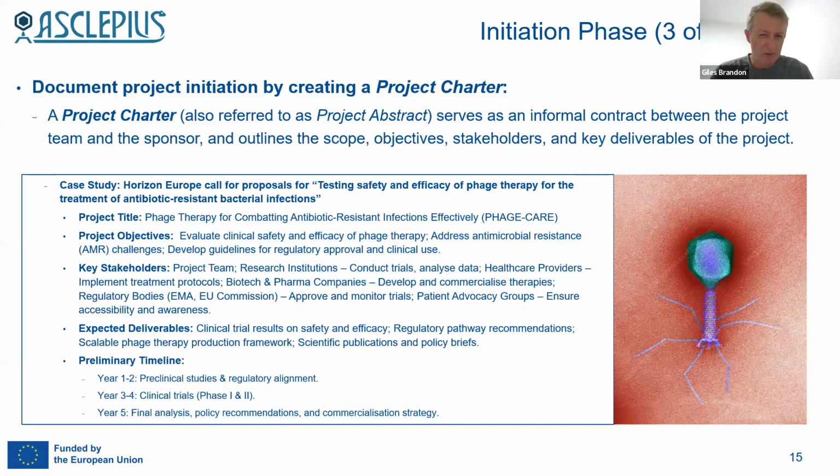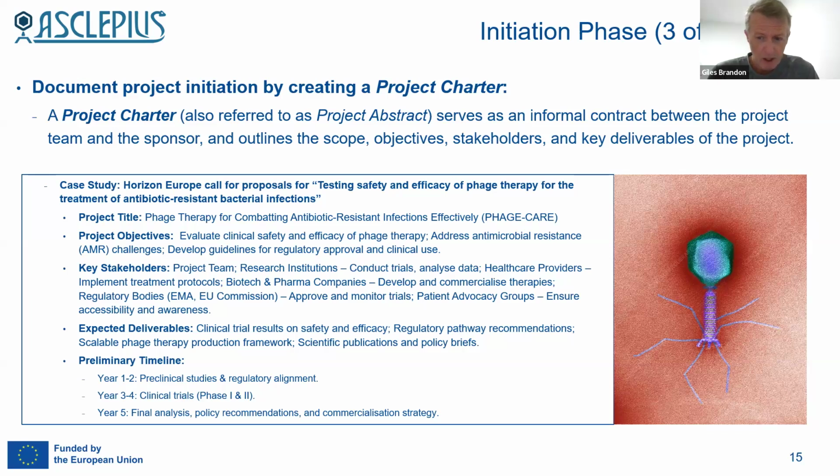This will be a document of maybe 1 to 2 pages. This is something that you can send to your potential consortium partners to try to get their interest and outline what this proposal idea is about. Now, in the lower half of the page, you start to see this case study, to try to illustrate what I mean about a project charter.